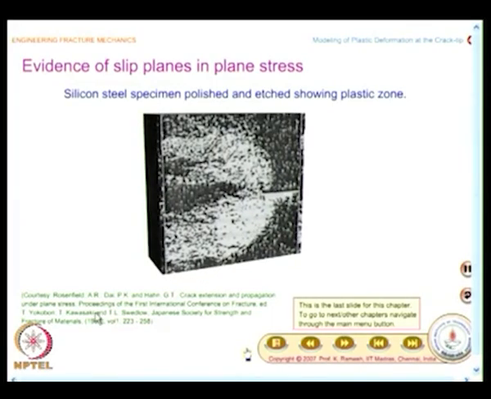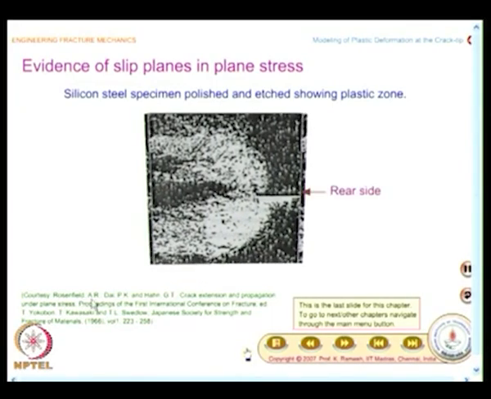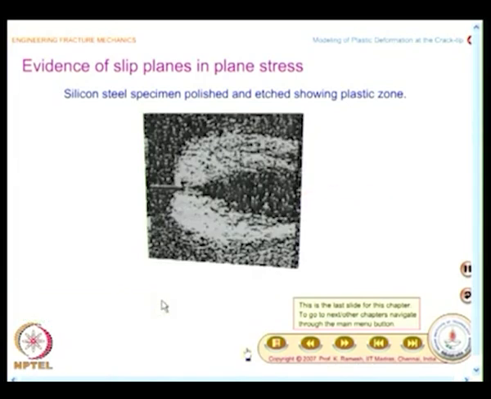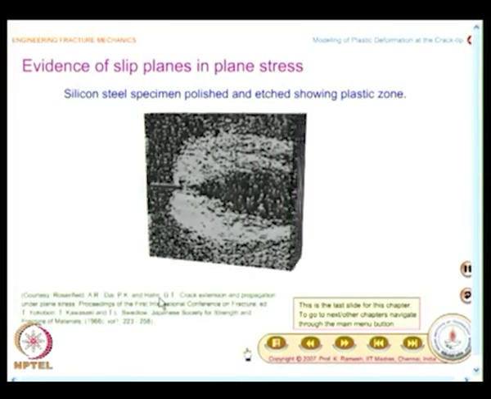This was again reported by Rosenfield, Dye and Hahn. So very important result. This gives you an understanding that people have been able to find out what happens at the crack tip.